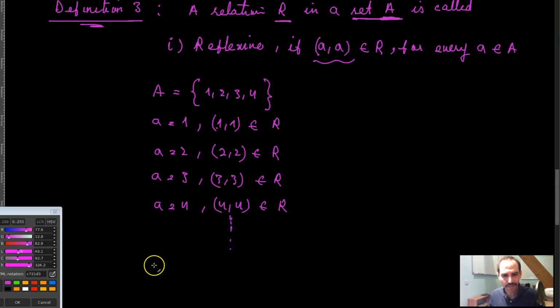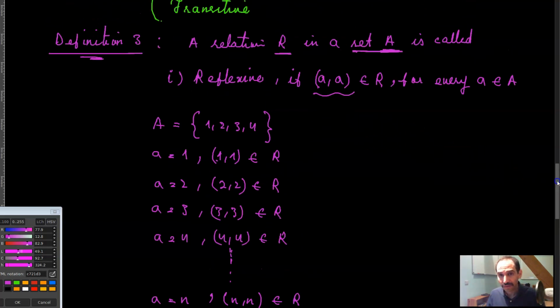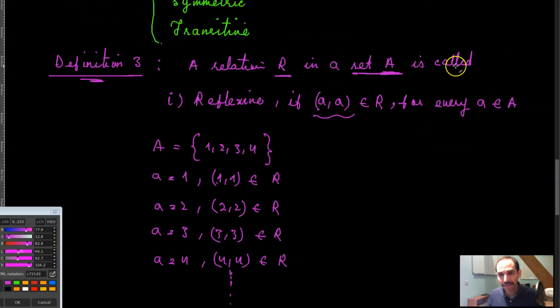For a equal to n, (n, n) has to belong to R. If that is the case, then the relation R in the set A is called reflexive.